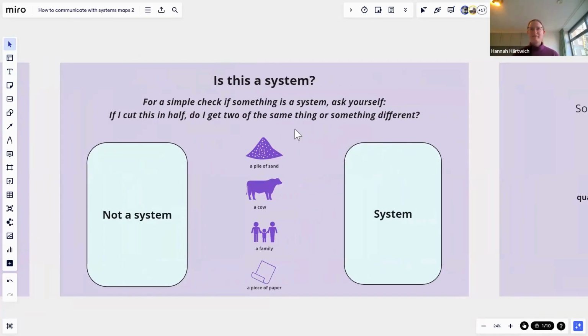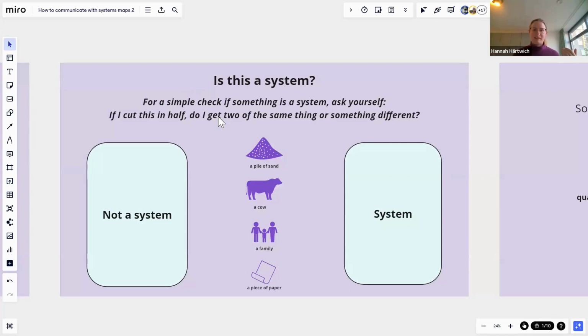There is a more simple check that you can use if you are looking at something and wondering, is this a system or not? You can ask yourself, if I were to cut this in half, do I end up with two of the same thing?